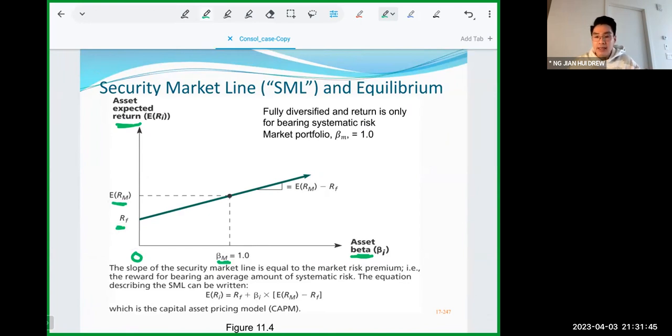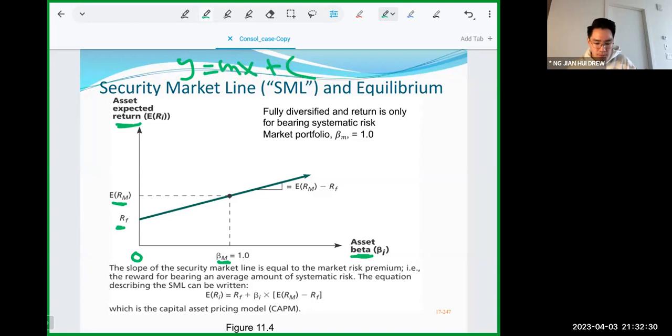Anyone can remember what is the equation of a straight line? What's the equation of a line? Probably this is from secondary school, if you can remember. Perfect. That's right. Y equals mx plus c.